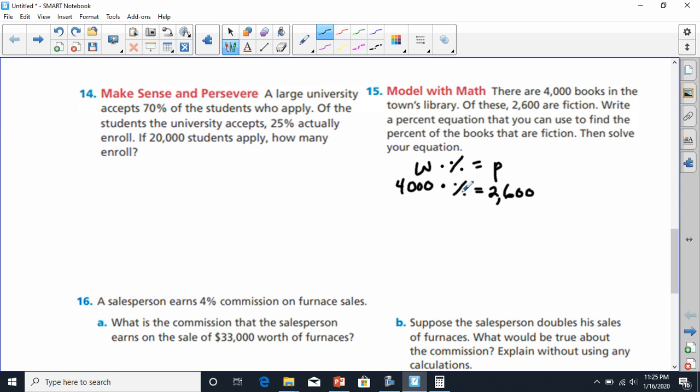Now we've got to get the percent by itself. So we'll divide 4,000 away from 4,000 times the percent. Whatever I do to one side, I'll divide from the other. Now we know that the percent is going to equal 2,600 divided by 4,000.